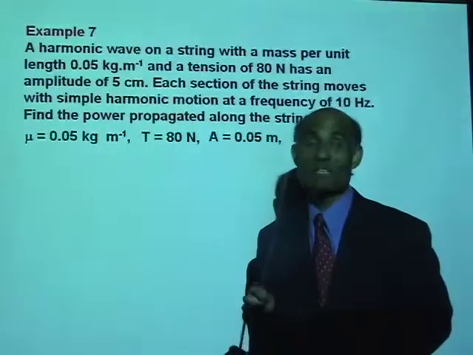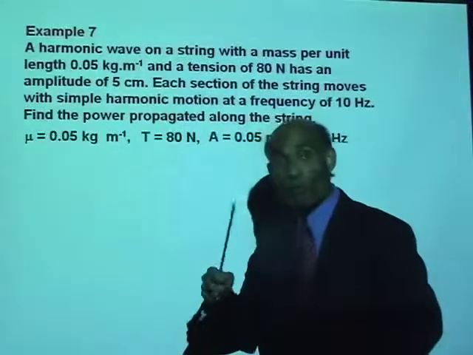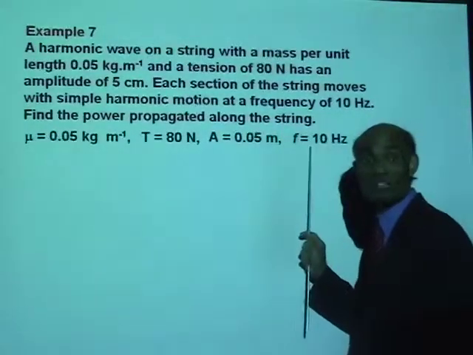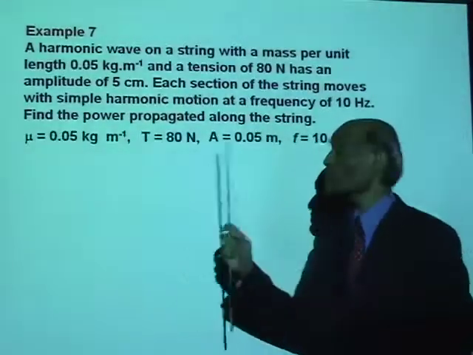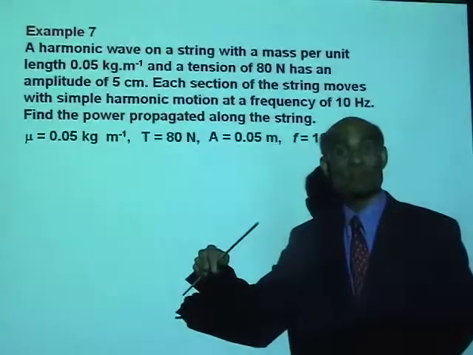The power transmitted is 1/2 mu, which is there, omega squared. Omega can be obtained from the frequency. Now, what is the relation between omega and the frequency f? Omega equals 2 pi f.